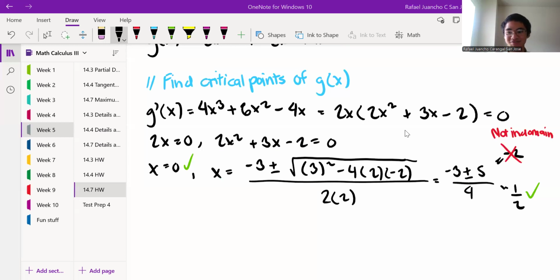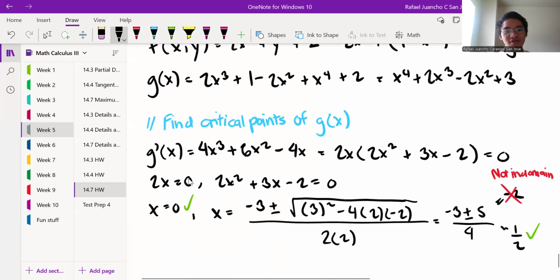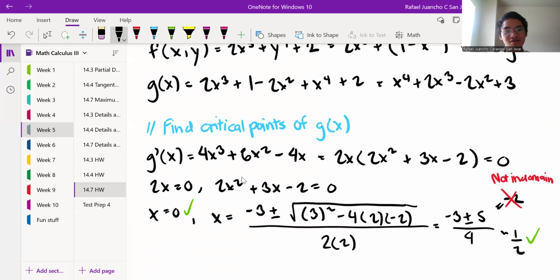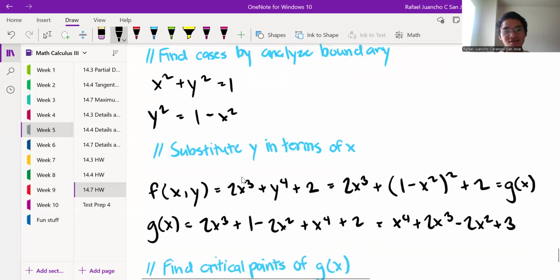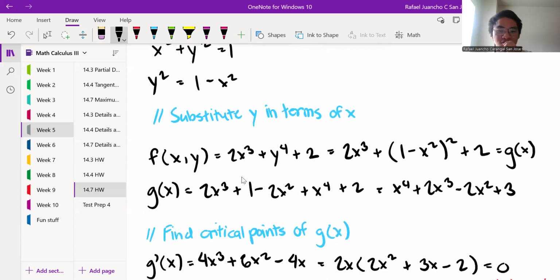So now I have these two x cases. That's how I got these two x cases. And then I evaluate, to make it easier for me, I could evaluate everything here and then get a y value out of it.